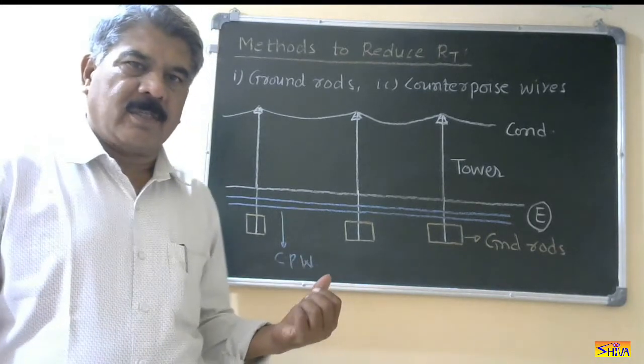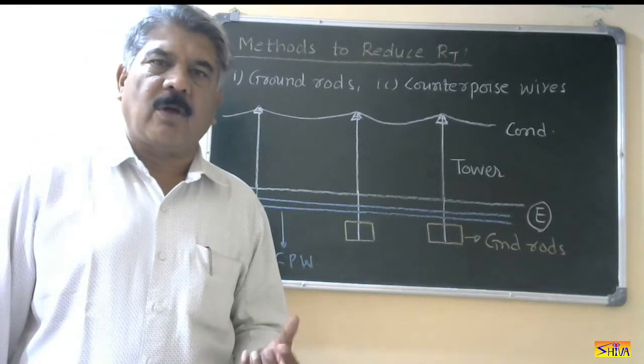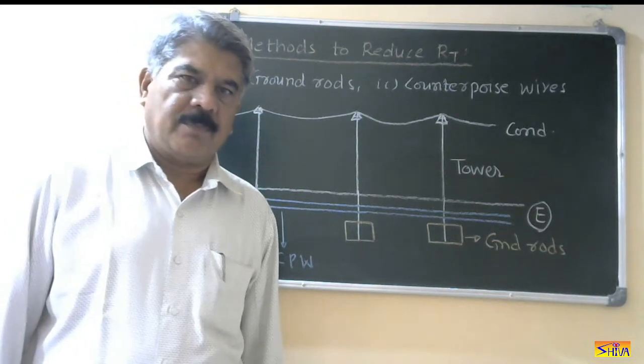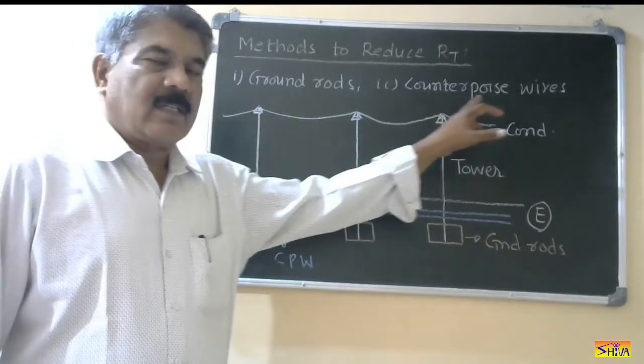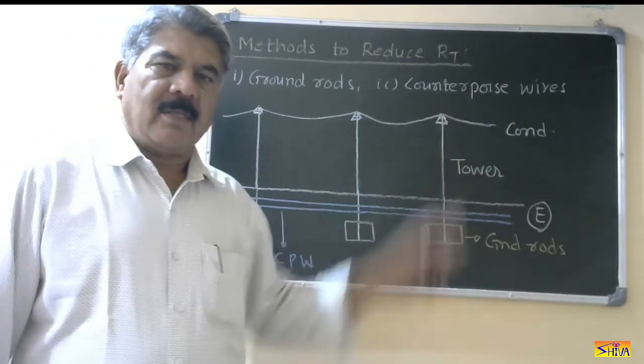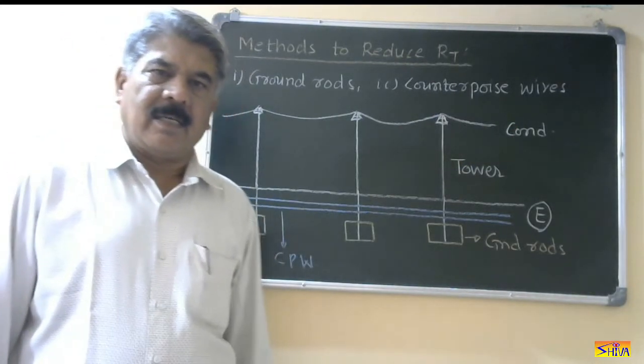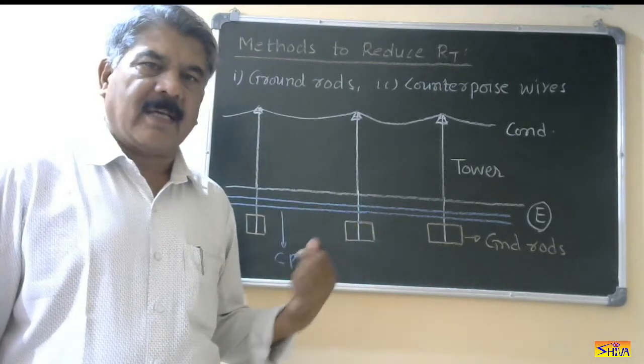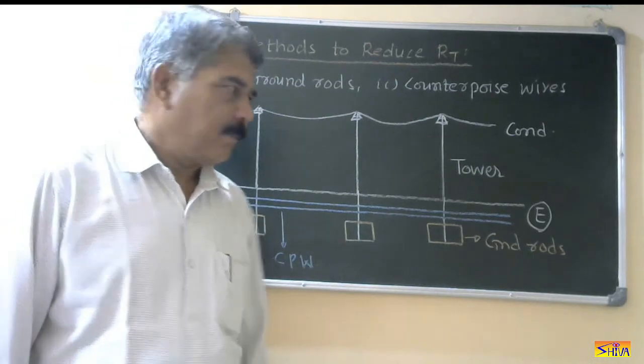Number of ground rods and their dimension depends on how much tower footing resistance we want to reduce. Next is counterpoise wire. These are the wires buried under the ground and they are running parallel to the transmission line and they are connected to the towers.